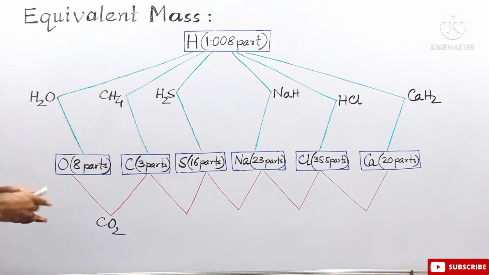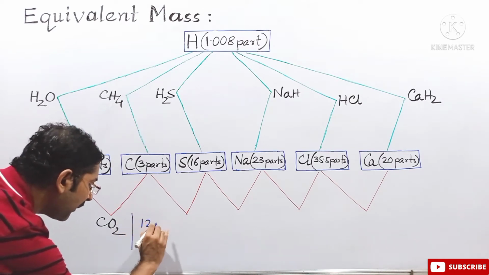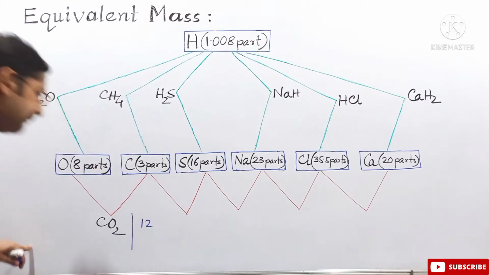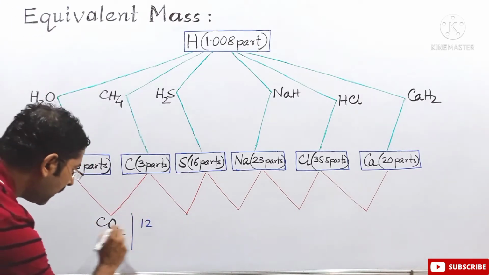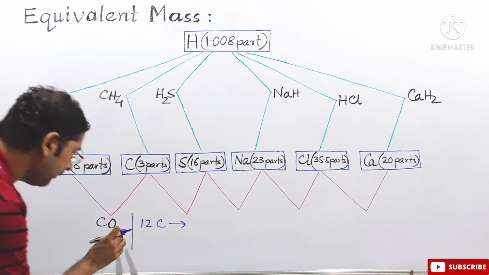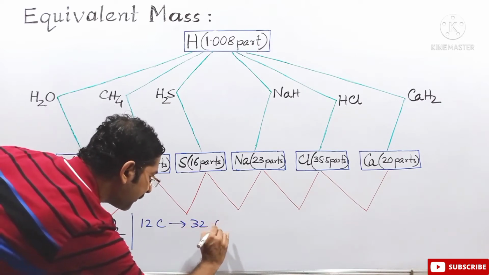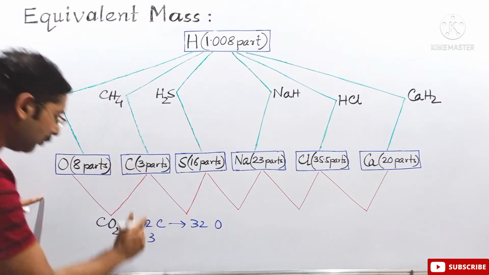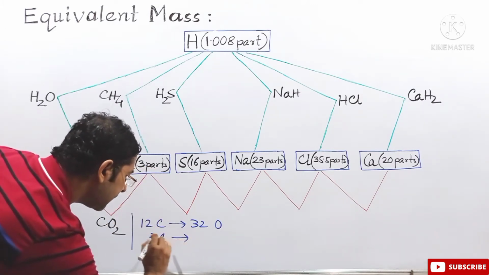Look, in the carbon dioxide molecule we can write, in simplest form, 12 parts of carbon combine with oxygen 16 into 2, that is 32 parts of oxygen, right? So 3 parts of carbon combine with how much?